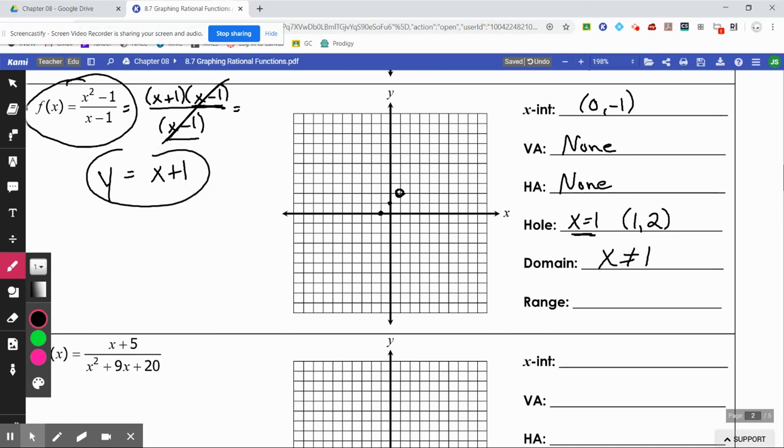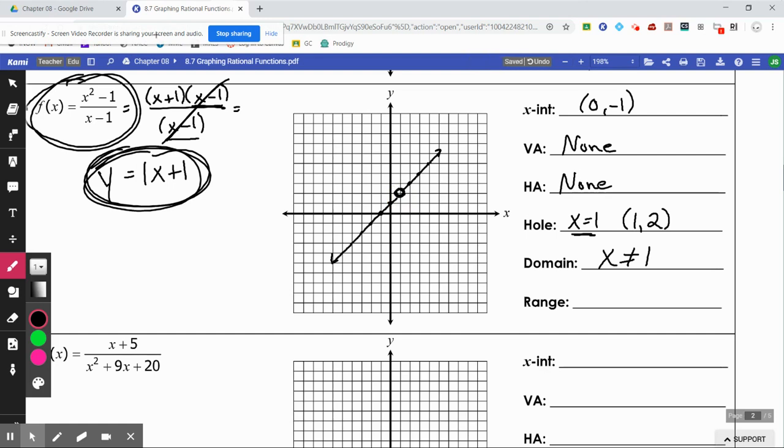Okay, so honestly, you can actually just graph this now. y equals x plus 1, y equals mx plus b, y-intercept of 1, rise 1, run 1 to find the slope, and just plot more points. Here is your graph. However, what's different? Why does your graph not just look like this? It's going to be a line, but again, it's going to have a hole in that line.